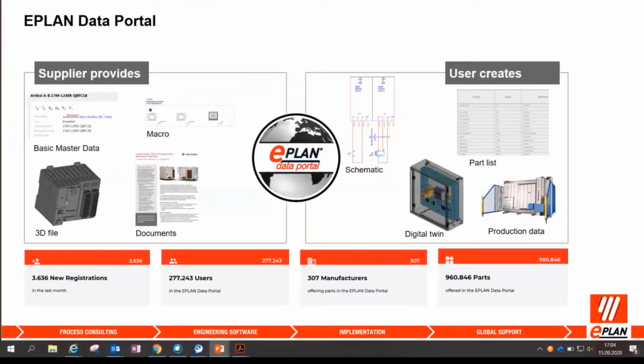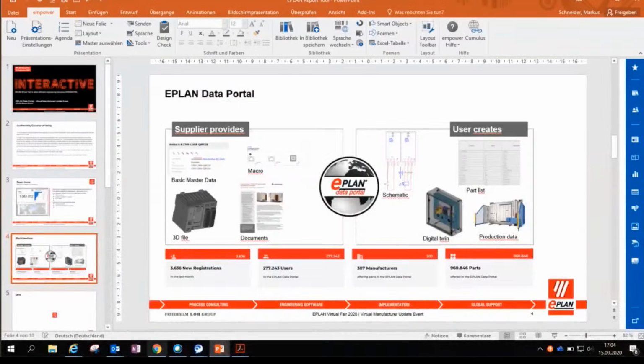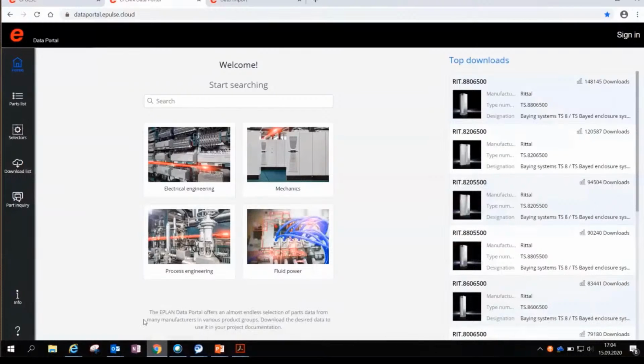Just one short remark: the EPLAN Data Portal is an exchange platform where component manufacturers provide their component data, and all users of EPLAN can use this component data for their engineering processes and maybe for some other stuff, but this comes in the Outlook section. Now I would like to jump back and give you a short overview of how this Report Center looks in detail.